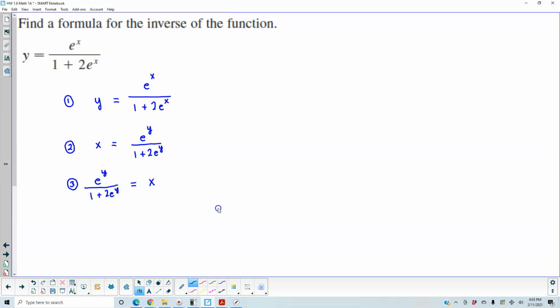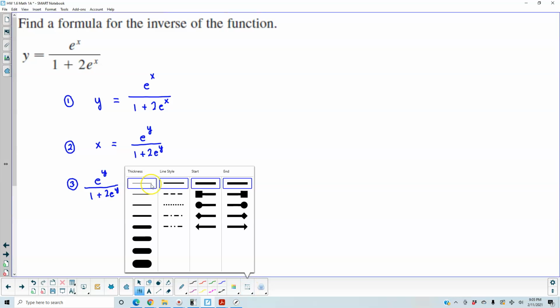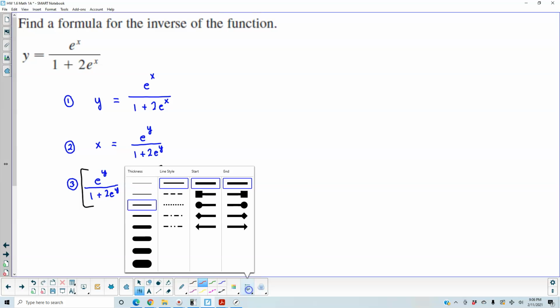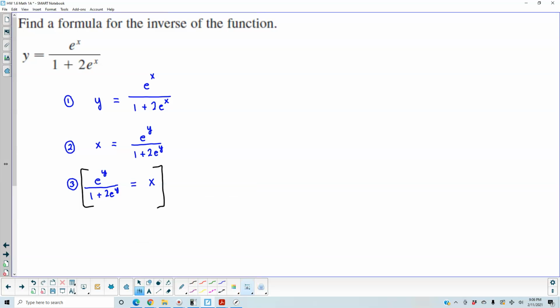So what we're going to have to do is multiply both sides of the equation by the denominator, which is 1 plus 2e to the y.